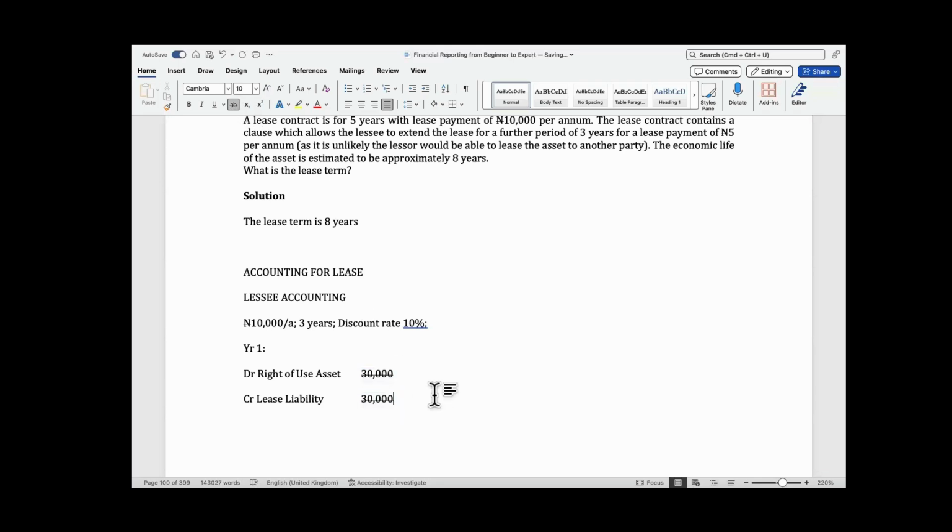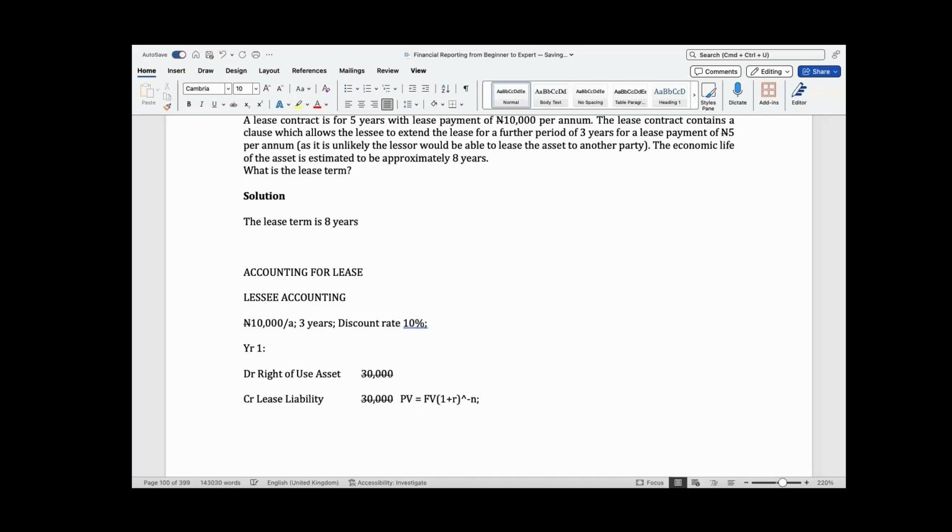So we need to get the present value of this 30K. How do we get the present value of this 30,000? If you do PV equal to future value times (1 plus R) raised to power minus N, you'll be wrong. You cannot use that to get the present value.